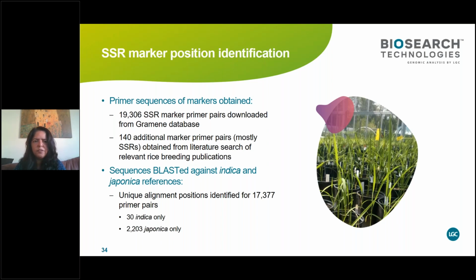And using this approach, we were able to see that there were only 30 markers which were indica specific, and of these markers, only 2,200 were specific to Japonica. So this gives you an idea of the numbers of markers that we are looking to develop alternative KASP markers for.